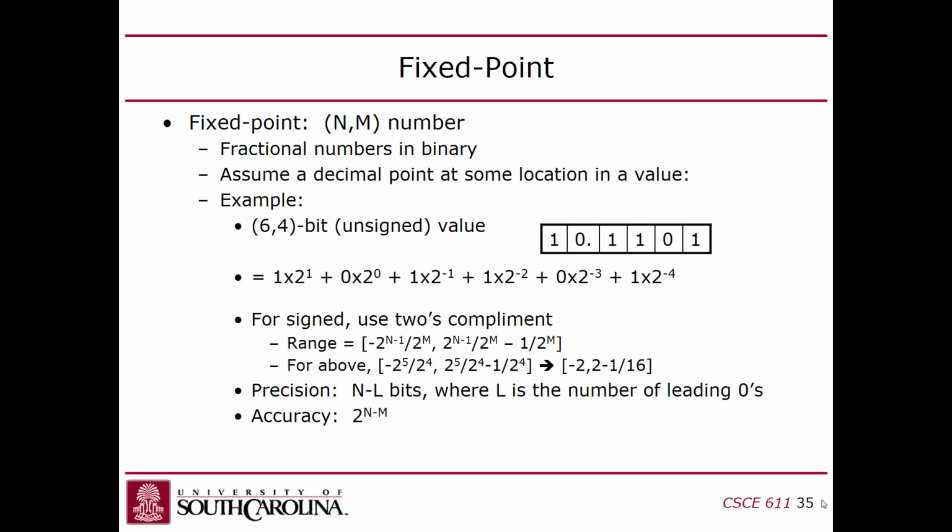Right, so in this case, there's 4 fractional bits. So 2 to the minus m is 2 to the minus 4, which is 1/16. It has a significance of 1/16. So the range would be 0 to 4, right? 2 to the second.